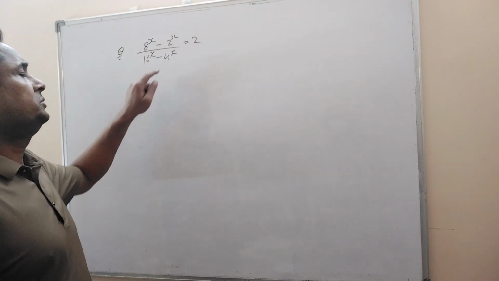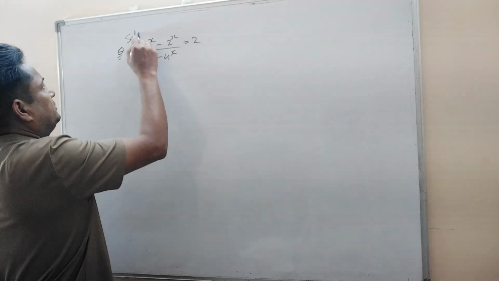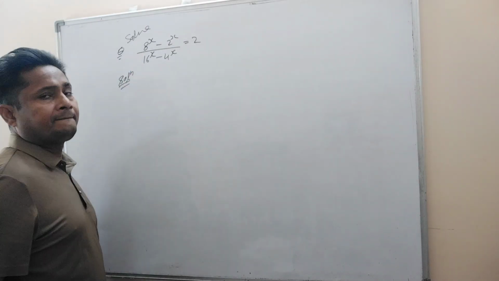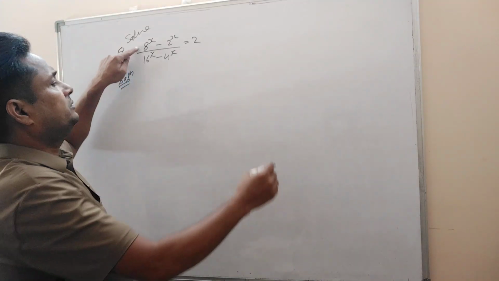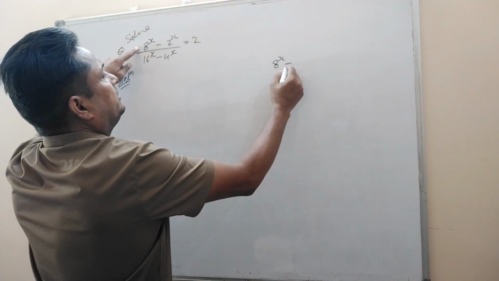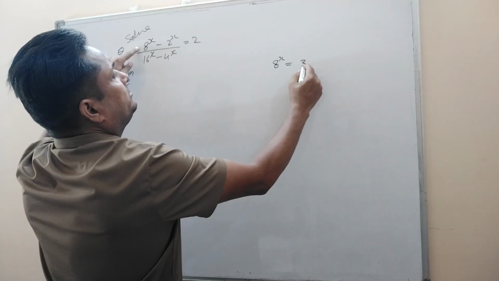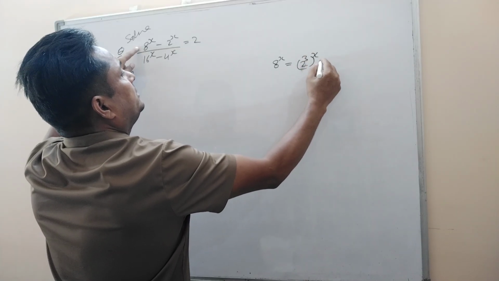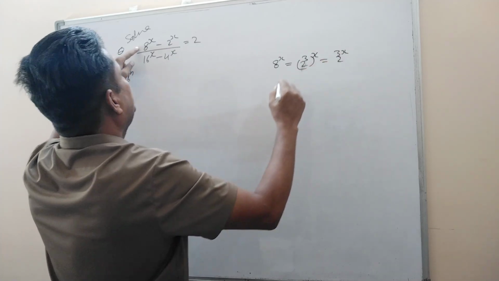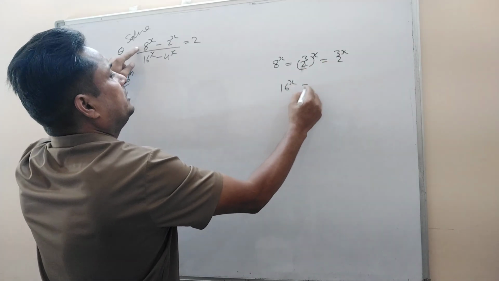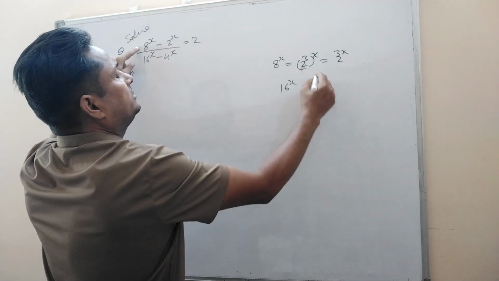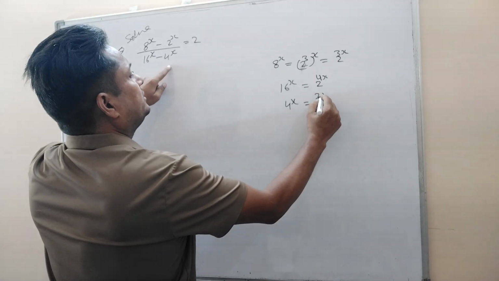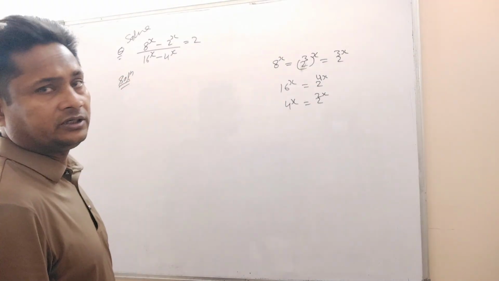Now let's solve this question. You have to solve this question. So what will be the solution of this one? 8 to the power x can be written as 2 to the power 3 to the power x, that means 2 to the power 3x. 16 to the power x can be written in a similar way as 2 to the power 4x, and 4 to the power x can be written as 2 to the power 2x.